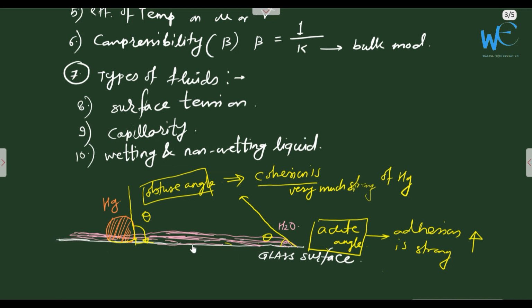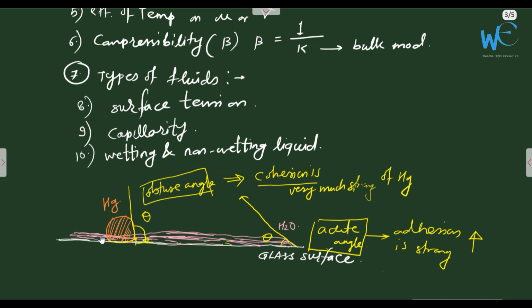water. So what you observe first: this droplet of mercury forms an obtuse angle to the glass surface, and this splashed water forms an acute angle to the glass surface. Why does this form an obtuse angle?